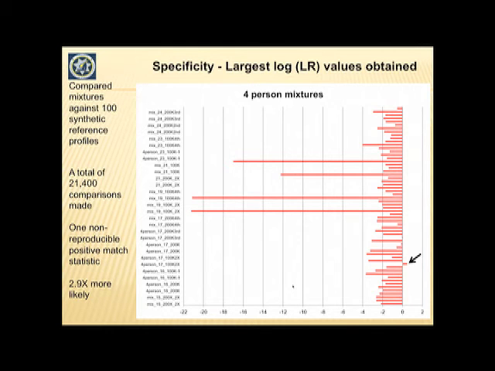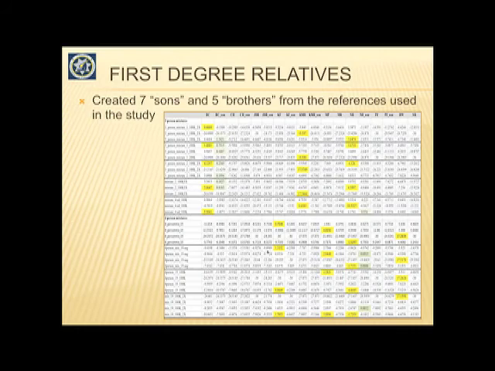And it's a very small positive match score to this synthetic reference profile. And it was not reproducible. It wound up being 2.9 times more likely than a coincidental match. And this is out of a total of 21,400 comparisons. So there was 1 false match out of 21,400 comparisons.